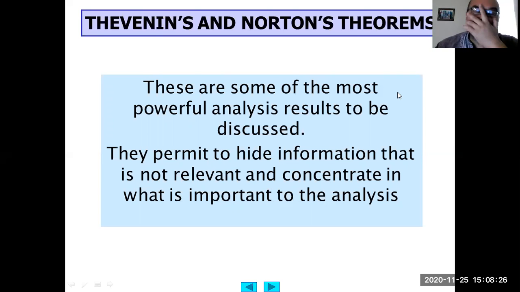In that case, these two theorems, Thevenin's and Norton's theorem, can provide you with an advanced tool to do analysis in such complex structures, because they permit you to hide information that is not relevant. So then you only concentrate on the part of the circuit that is important for your analysis.